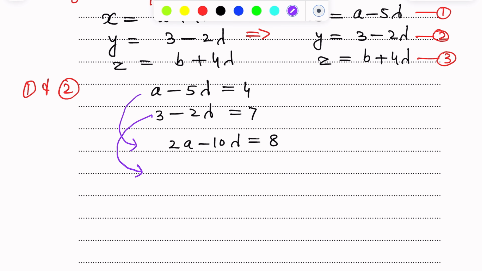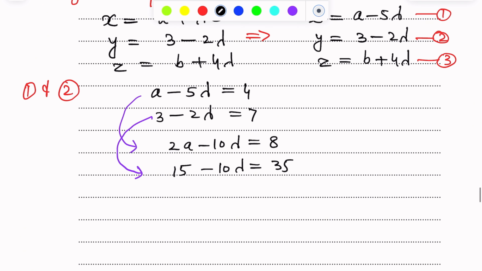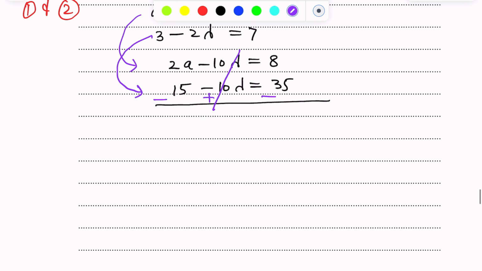This will become 15 minus 10 lambda is equal to 35. Now subtracting, the sign will be changed. These terms are cancelled out. We can find the value of a. From here 2a minus 15 is equal to minus 27, and we get the value of a is equal to minus 6.